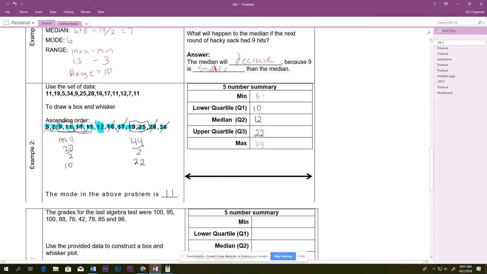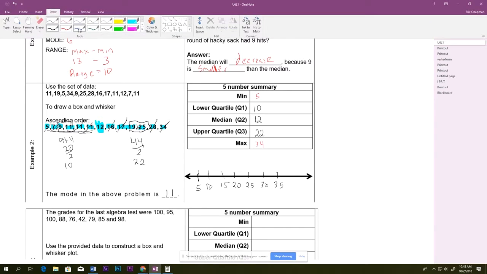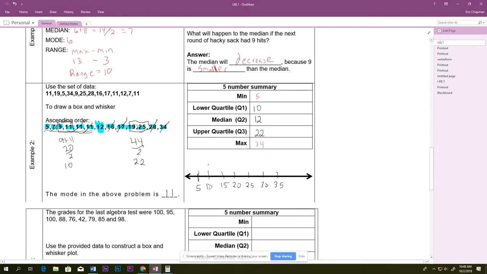So now let's do our box and whisker. So our min is 5 and our max is 34. So let's just start at 5 and then let's increase by 5s. So 5, 10, 15, 20, 25, 30, and let's go to 35. All right, so let us now plot our 5-number summary.